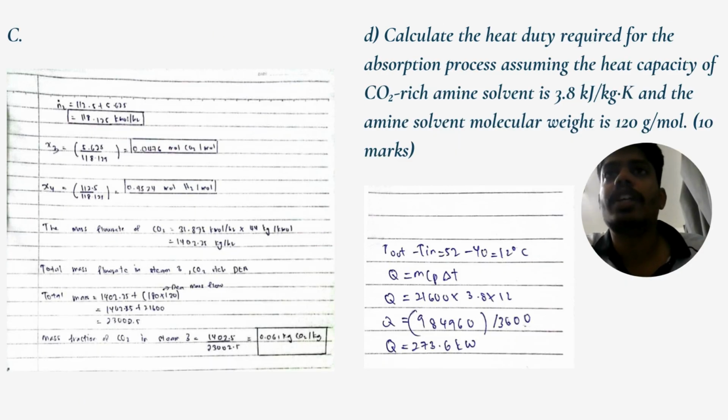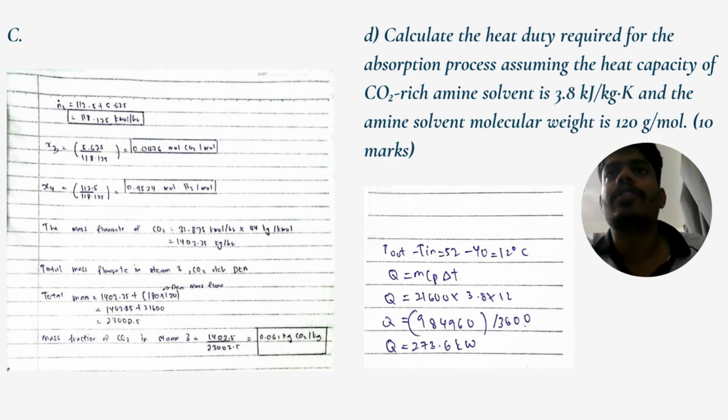Okay, we already got the molar flow rate of CO2 and H2 in stream 4. So we will add them up to calculate the total molar flow rate of that particular stream. So we got 118.125 kmol per hour in stream 4. So using that, we will calculate the mole fraction.